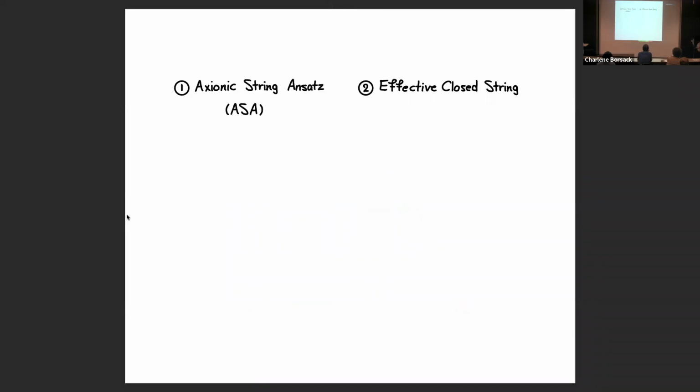These are the two approaches I'm going to discuss, the approaches to the string description of glueballs: the closed folded string, the axionic string ansatz or ASA, and the effective closed string.